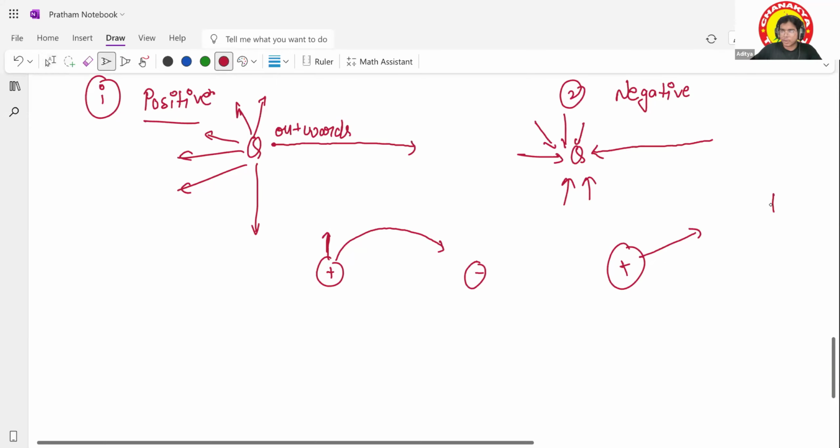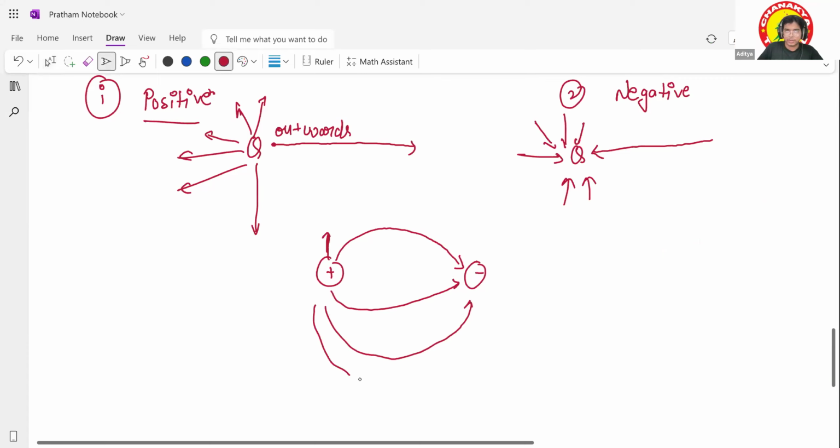But if you see another positive charge, this positive charge is not ready to accept. It is trying to pull out, right? So in this case, it will go like this, but it won't intersect or merge. So to go somewhere else, they have a negative charge. So you can say it starts from positive and ends up at negative, like this kind of scenario.